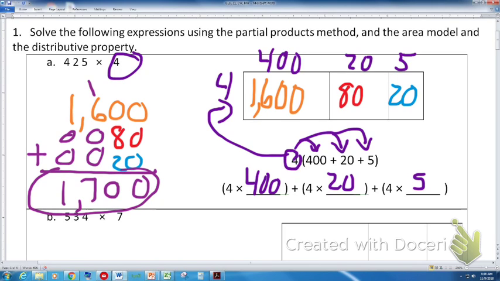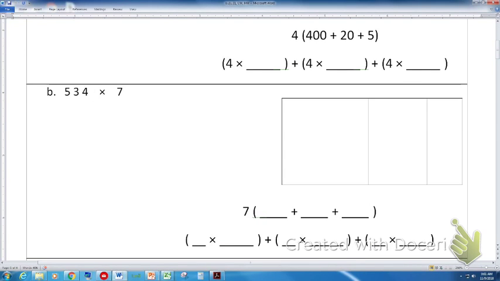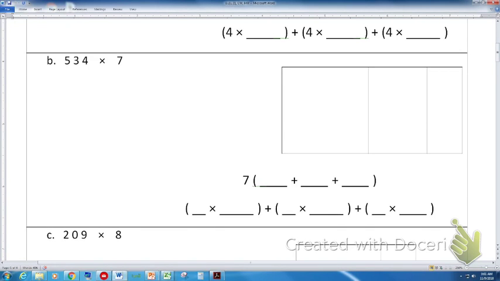Okay, let's take a look now at number 1B. Once again, we're going to be using the distributive property. Our 7 here is the 7 that we're going to be distributing among 534. We're going to break the 534 up into place value. Our 5 is 500.